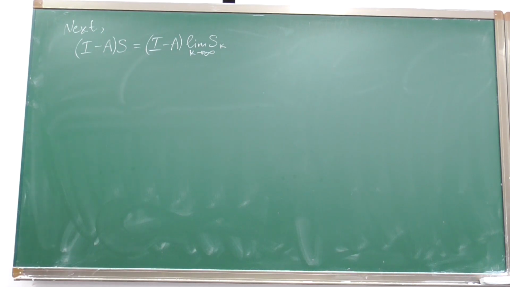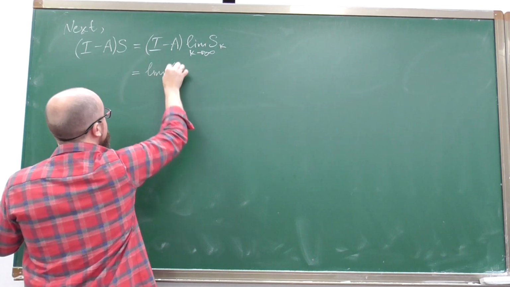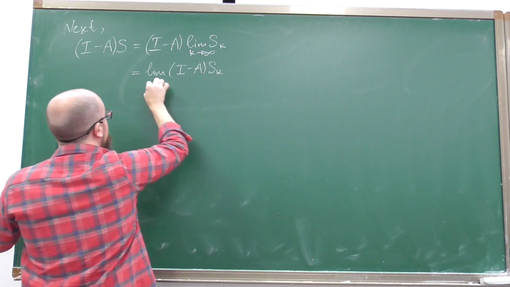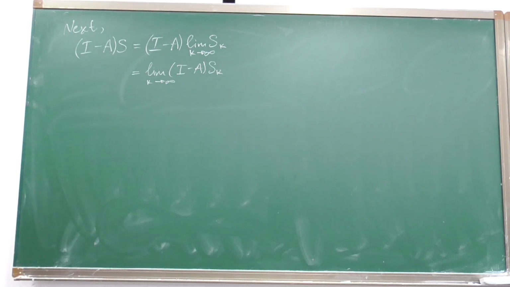And then we will use the linearity of limit and of operators to write it down as the limit of identity minus A times S_k, which is identity, as we have just proved.